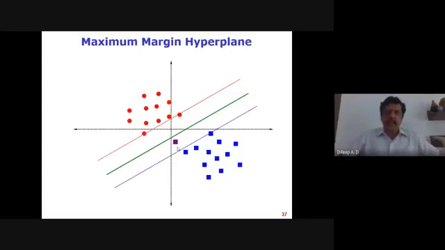And this is what we call the maximum margin separating hyperplane, termed the optimal separating hyperplane in the context of the support vector machine. Basically, the support vector machine tries to search for the separating hyperplane which has the maximum margin among all other possible separating hyperplanes.